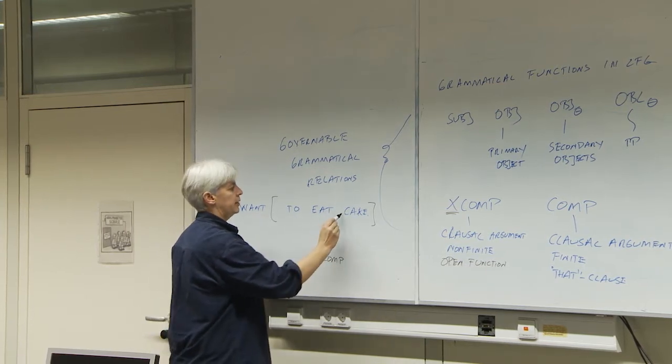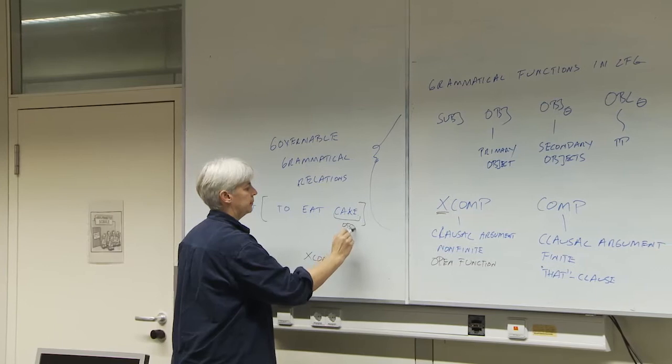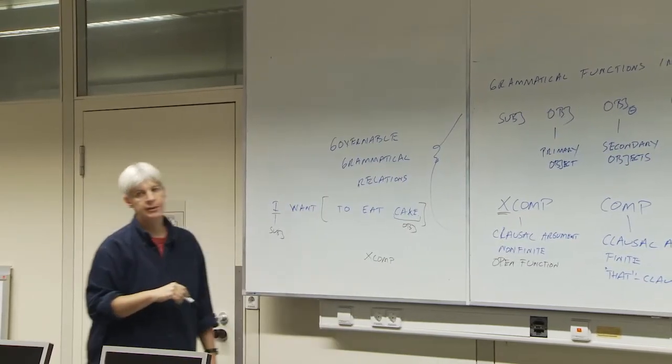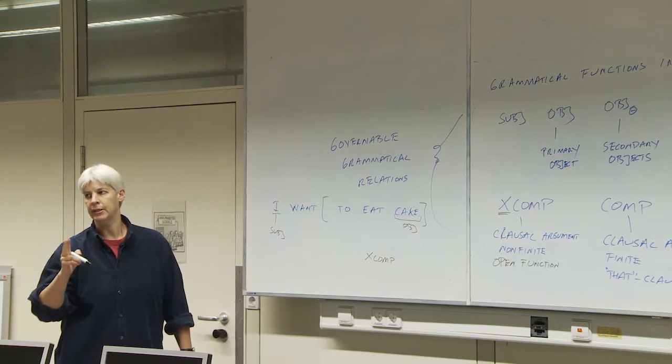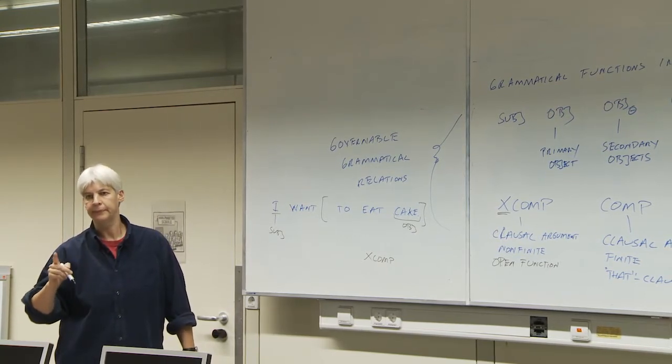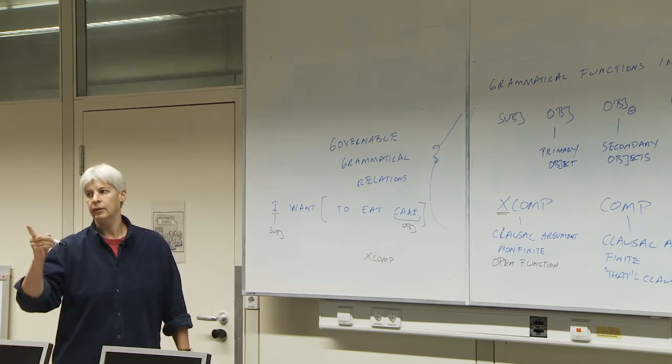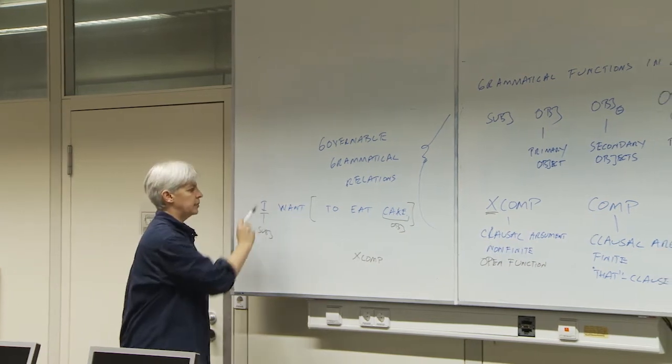The XCOMP itself has an object in it. And what's the subject? There's two arguments of eat, right? Somebody's doing the eating and something is being eaten. The something that's being eaten is the cake, and who's doing the eating? The I is doing the eating, so me.